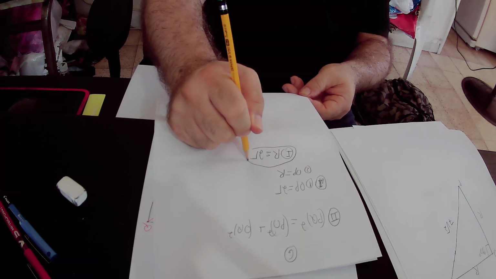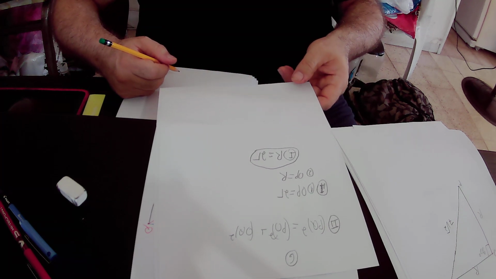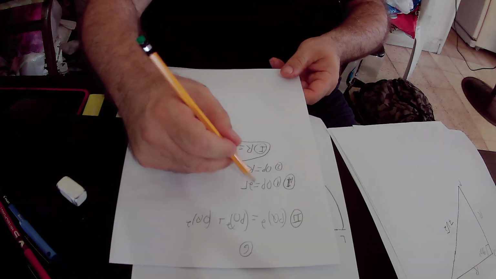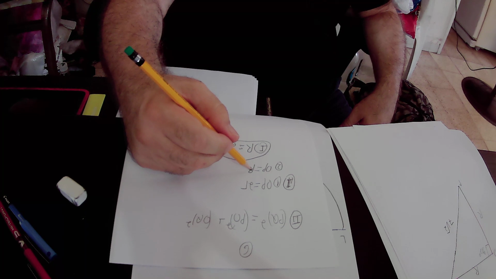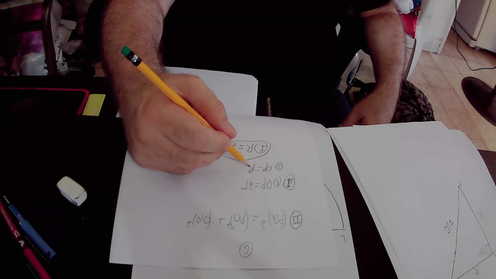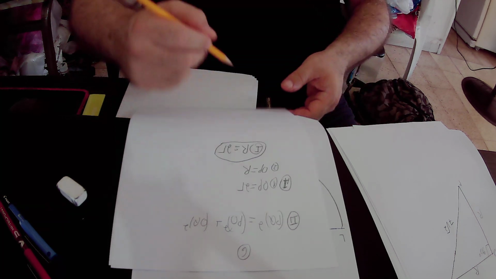That is the first equation. And okay, it is very simple. OP equals 2 times small r, but OP equals capital R. For that reason, OP equals OP, and capital R equals 2 times small r.